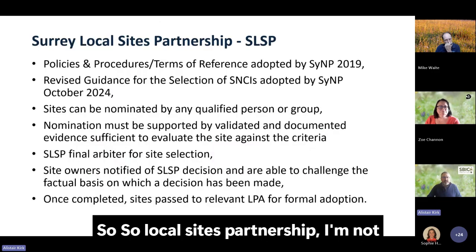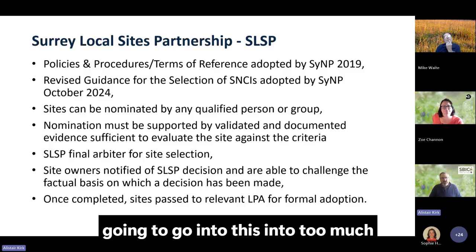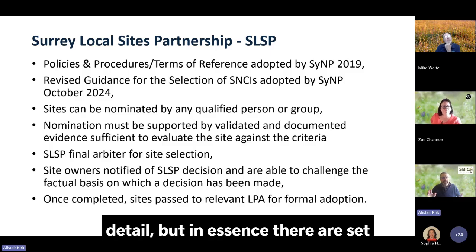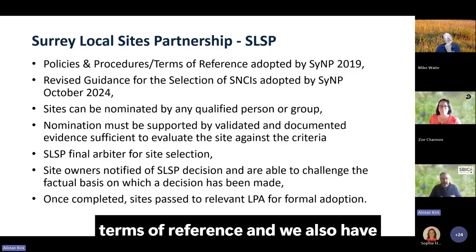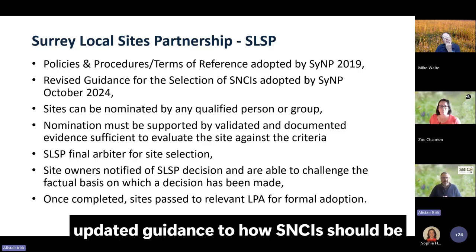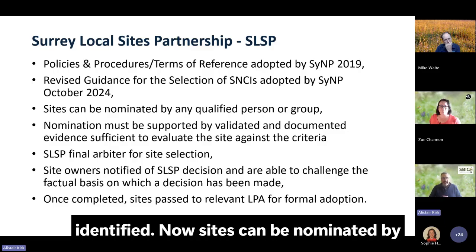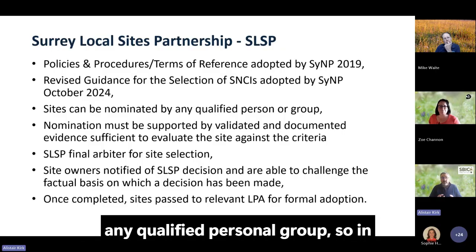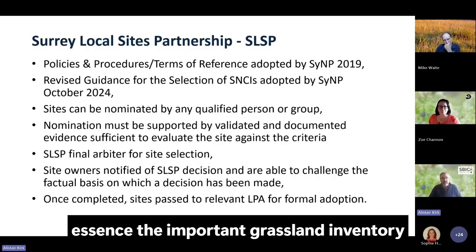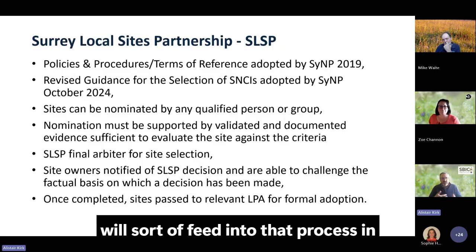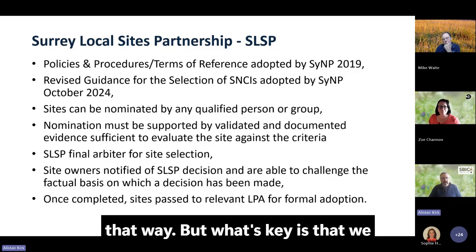So, the Local Sites Partnership. I'm not going to go into too much detail, but in essence, there are set terms of reference, and we also have updated guidance on how SNCIs should be identified. Sites can be nominated by any qualified person or group, so the Important Grassland Inventory will feed into that process in that way.